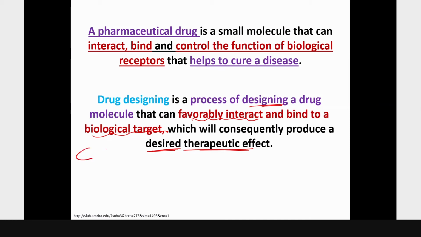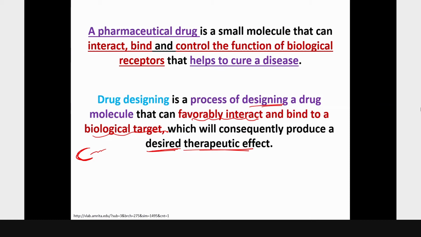These components will go and bind to them, and the receptors will be converted to an inactivated state. These receptors are responsible for the sensation of pain and other things. So temporarily, even though the pain might actually be there, you won't feel it, because the thing which is telling you about the pain has been deactivated.